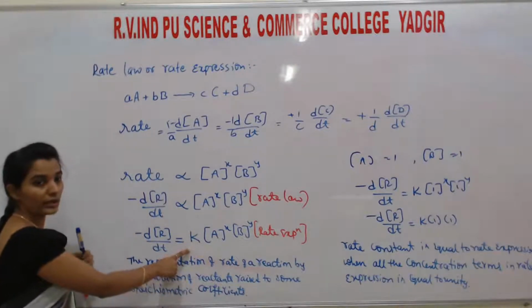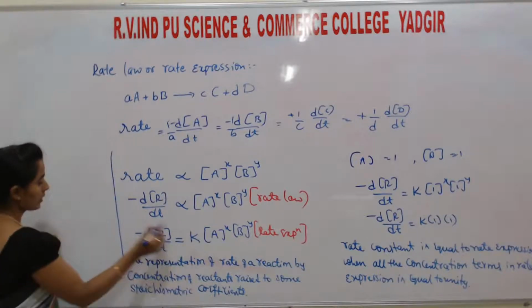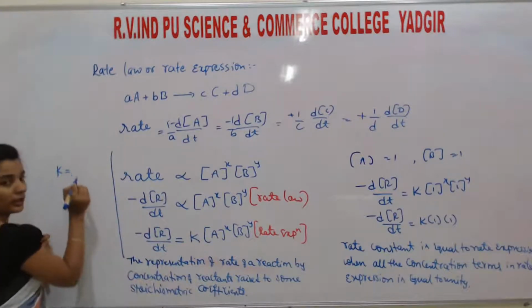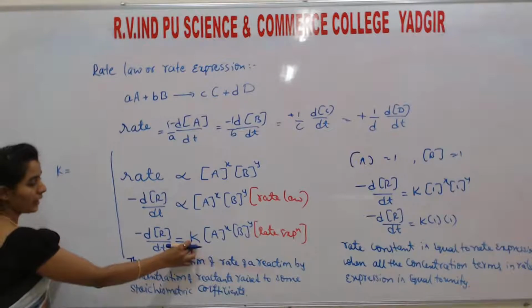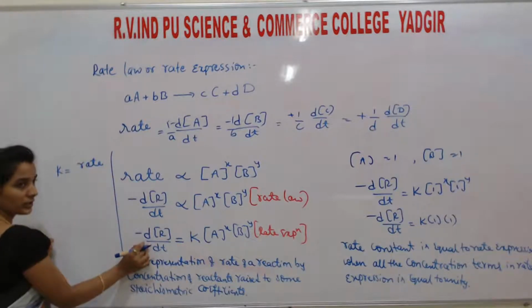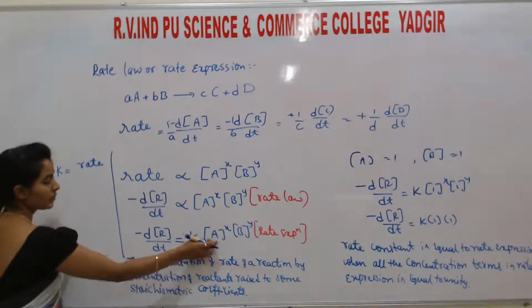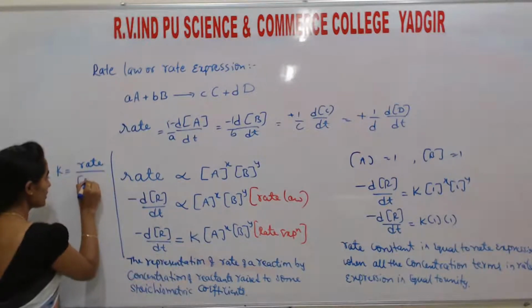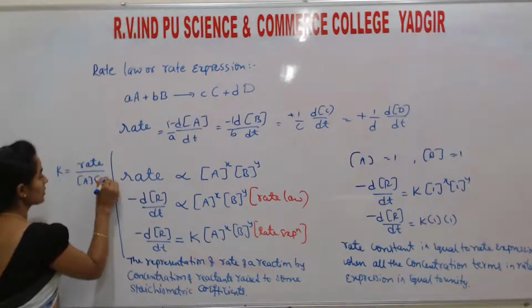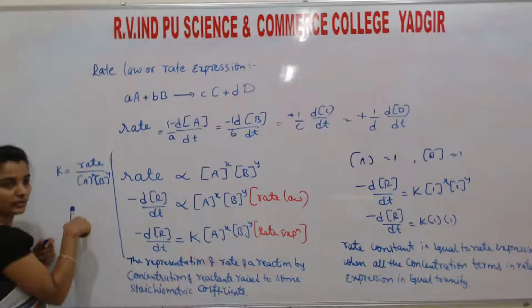Okay? If you want equation for this k, what happens here? If you want k, it becomes what? K is equal to rate, that means dr by dt. Consider this or this. Okay? Then what happens? Divided by concentration of A and concentration of B. K becomes this. Okay?